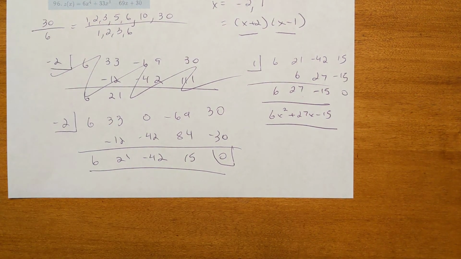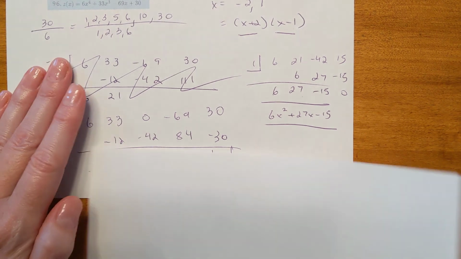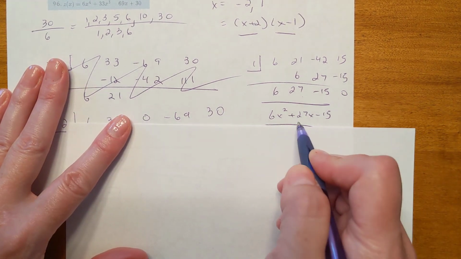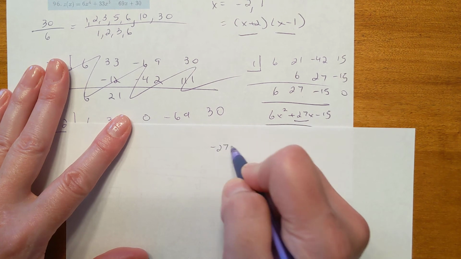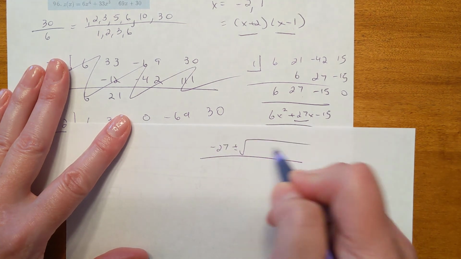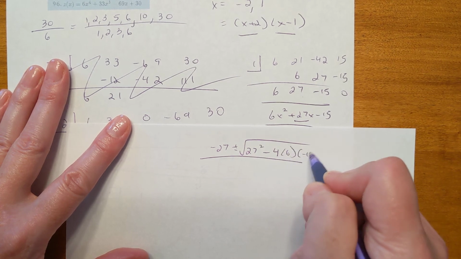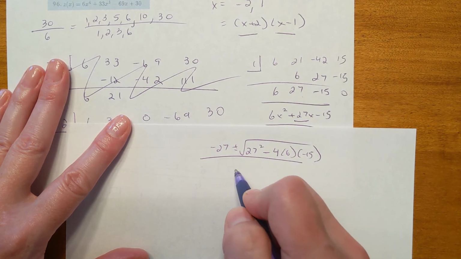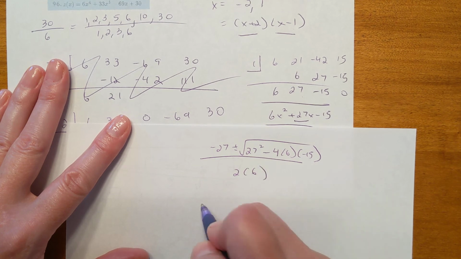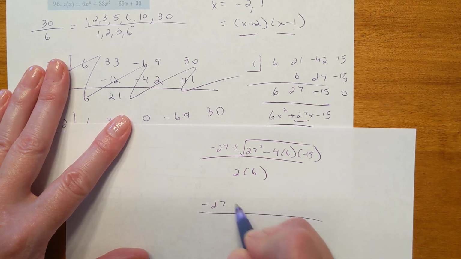But the key here, to do the rest of it, you're going to have to do the quadratic formula. So negative b, negative 27, plus or minus the square root of b squared, so 27 squared minus 4 times a times c, over 2 times a. So that gives us negative 27.